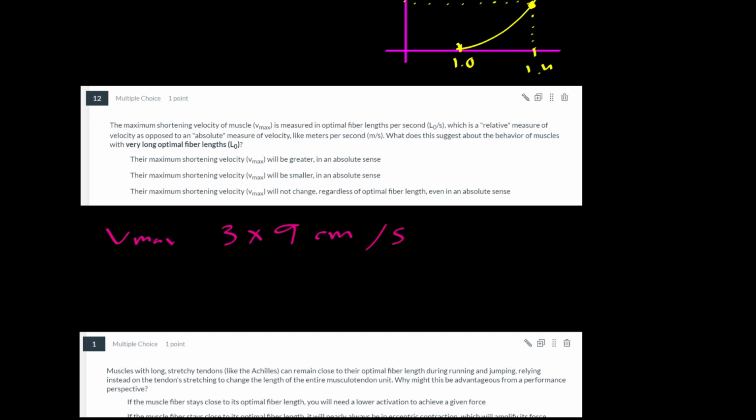So one way to think about this is 3 times 9 is what, 27? And then maybe you imagine a muscle that has double that optimal fiber length. So if it was 3 times, I don't know, 18 centimeters per second, that would be some bigger number of, what, 54? So I'm already thinking that the maximum shortening velocity should be really high for a muscle with a really long optimal fiber length.